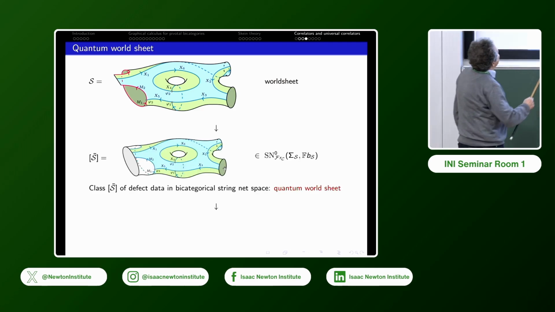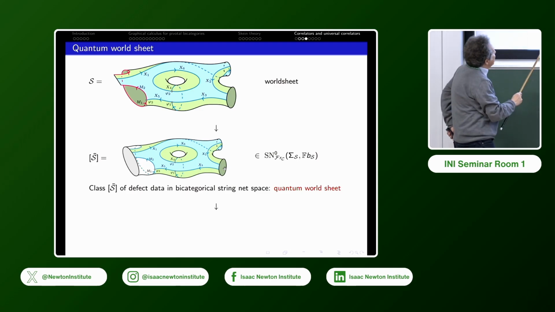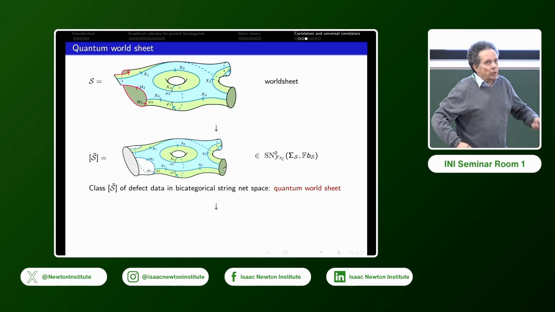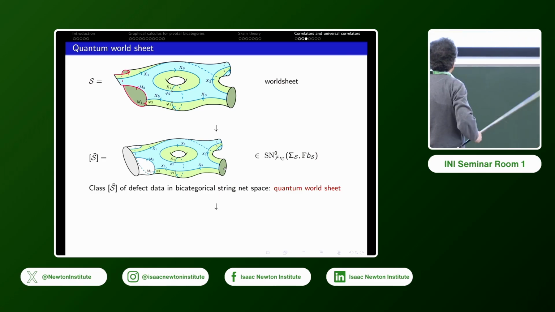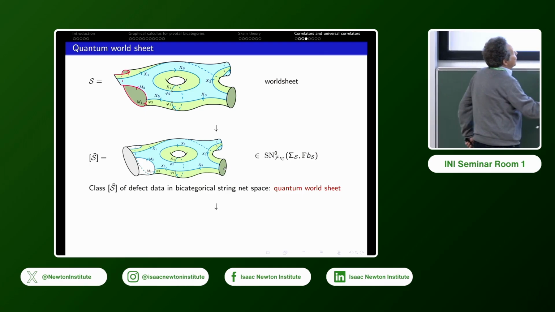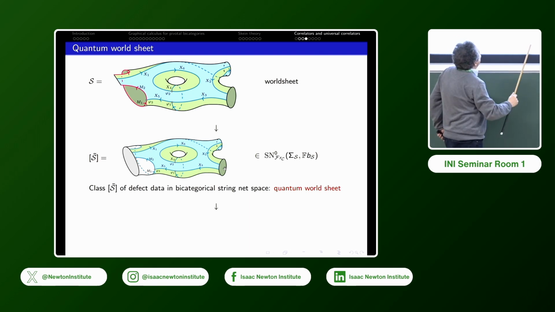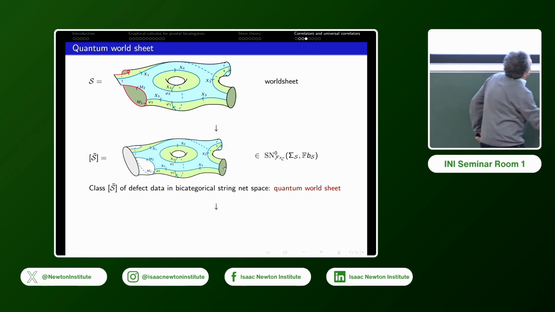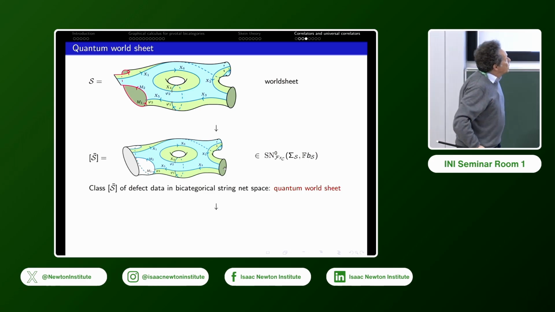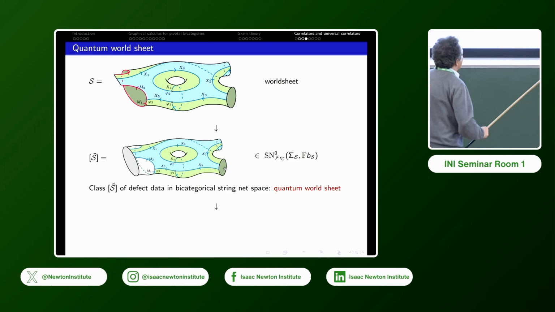Now, if I'm taking this worksheet, the complemented worksheet to be correct, then this determines for me a graph. Well, it's not a graph because the surfaces are also decorated, the two patches. But the class of a graph gives a vector in the string-net space. So every worksheet gives a vector in this space, which, because quantum doesn't have any precise meaning anymore these days, we call the space of quantum worksheets.